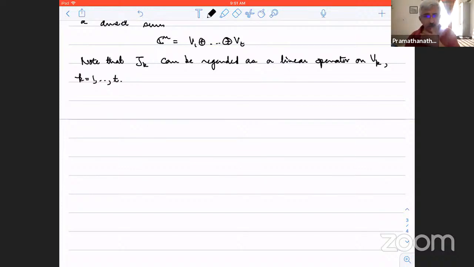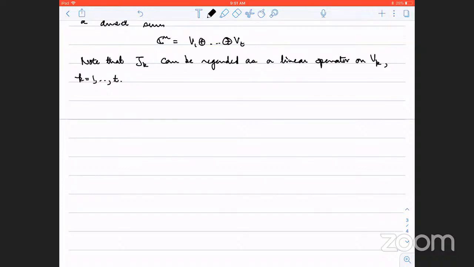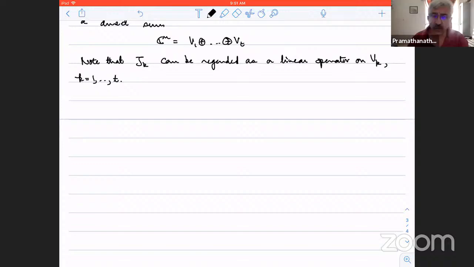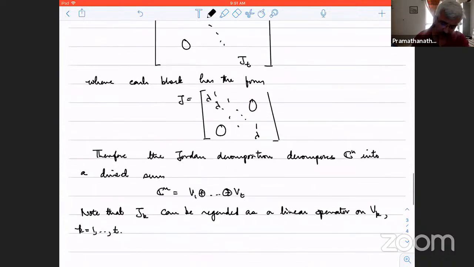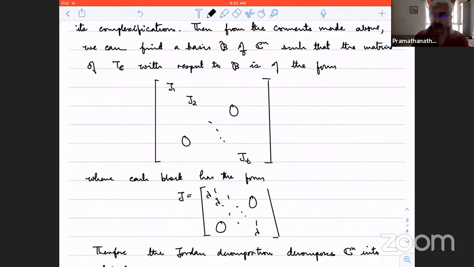Sir, can you remind us what properties these V1, V2 will satisfy in terms of the Jordan blocks? So if you have a block form like this, there is a basis corresponding to the block form. J1 keeps some of these basis vectors together, say the first 5.